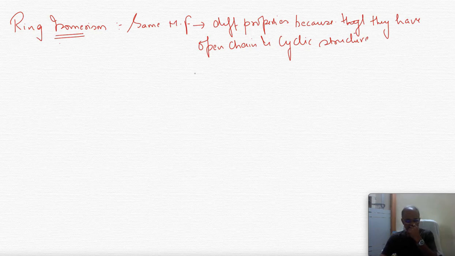That means compounds having the same functional group but they differ only in that one structure has an open chain and the other structure has a ring. So it is known as ring isomerism.